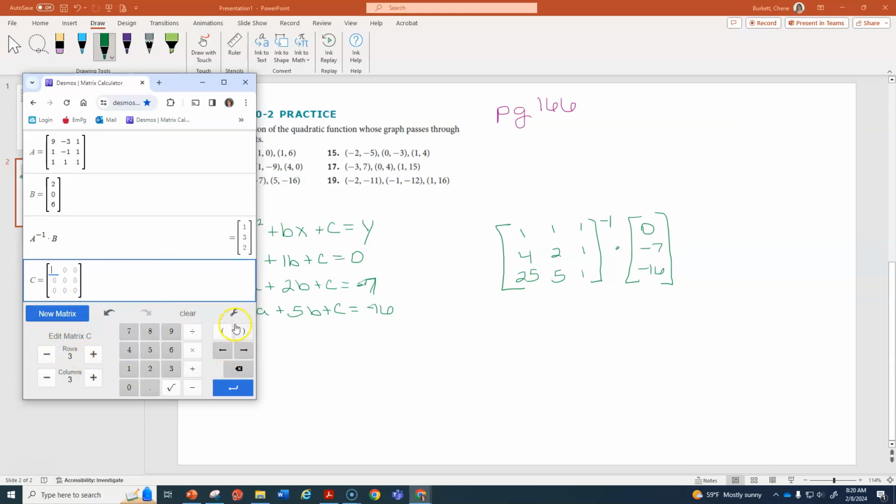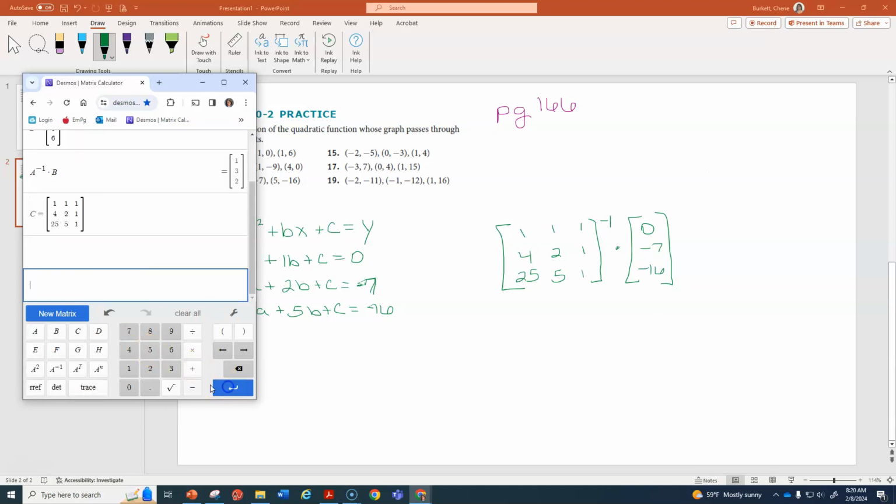And then I just use the tab button on my computer to tab through and put all my numbers there. 4, tab 2, tab 1, tab 25, tab 5, tab 1, tab, press enter, give myself a new matrix.